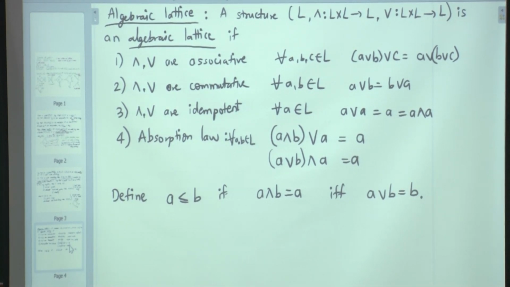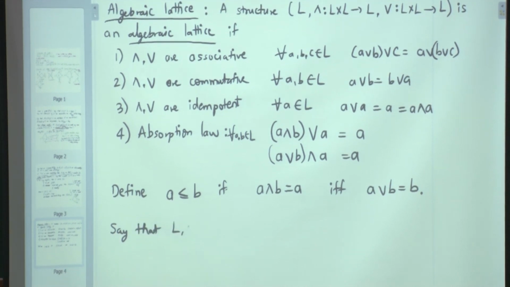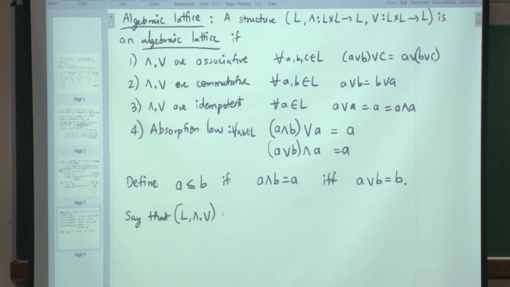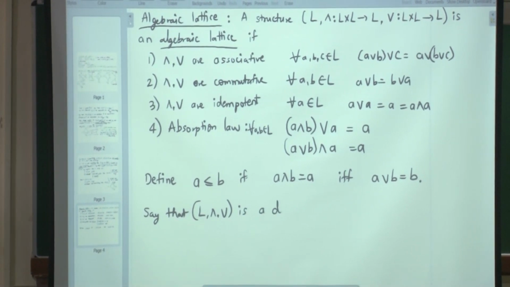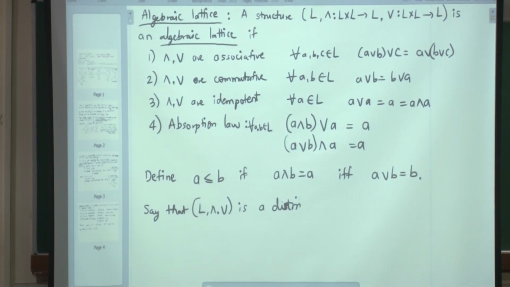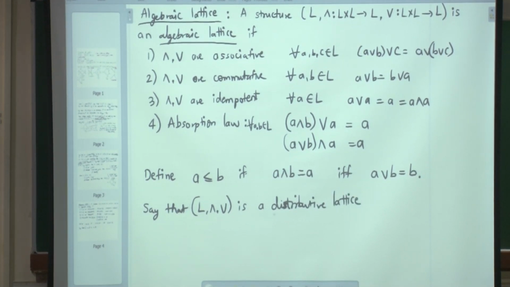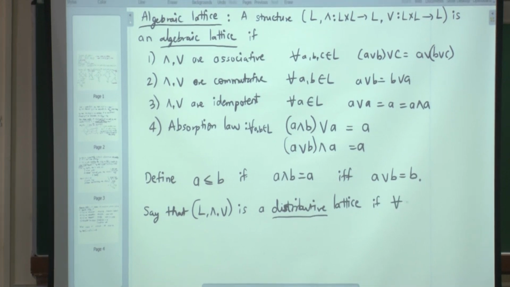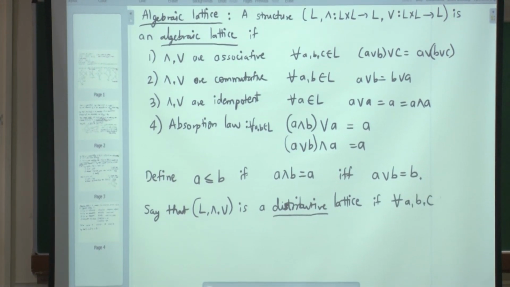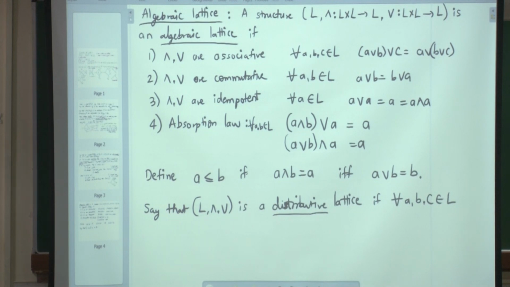Now that we have seen this, sometimes we also need an extra property. Say that L meet join is a distributive lattice. It is already a lattice. When do we say it is distributive? If for all A, B, C in L, the distributive laws hold.